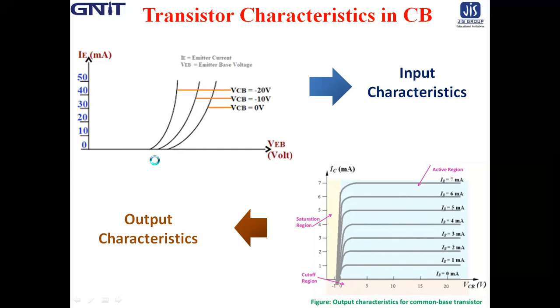Now for the case of output characteristics, the output current here is IC in milliampere. In the x-axis it is output voltage VCB, for a fixed value of input current, so the different parameters are input current IE.